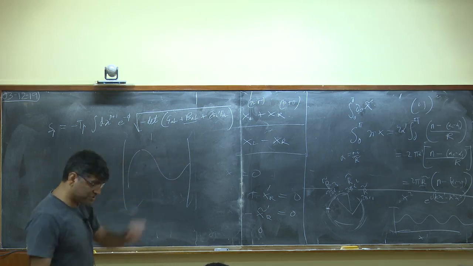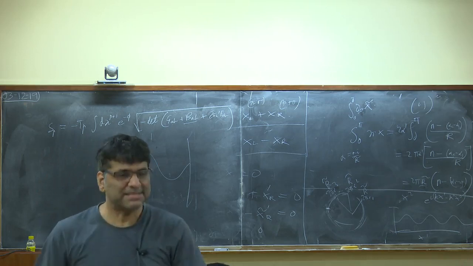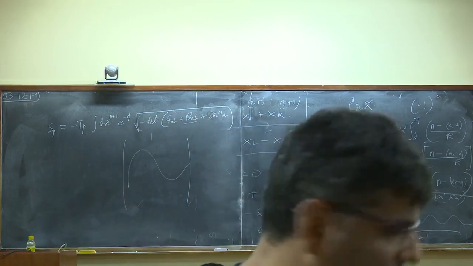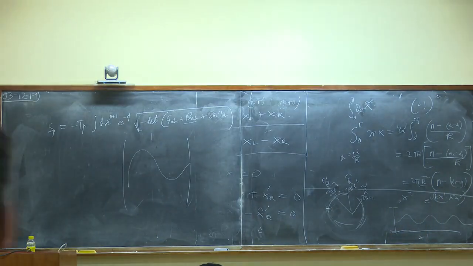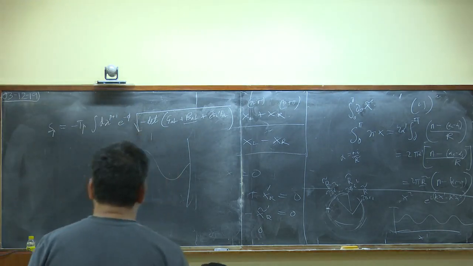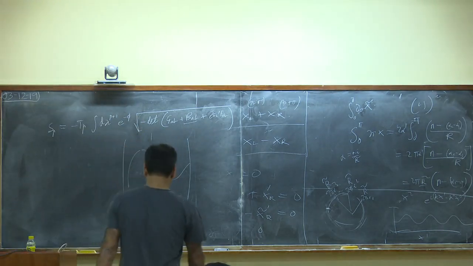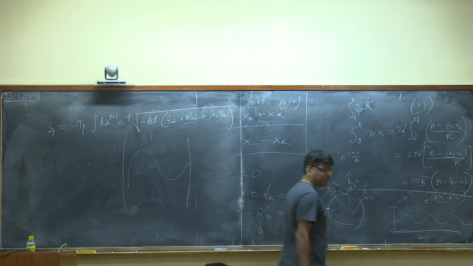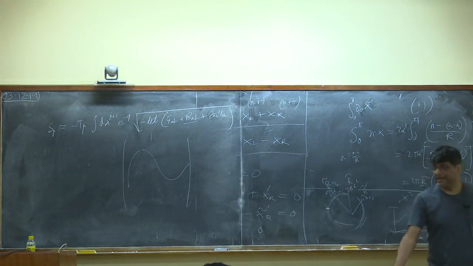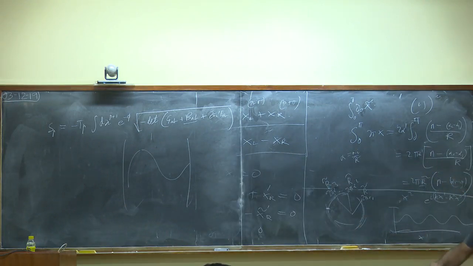The claim is that this action, plus corrections, and I'll tell you what controls the corrections, controls the low energy effective action of a single D-brane. As Upmanyu said, this action has a name. It's called the Born-Infeld action, and this is a very useful object. Now, all the elements of this action I want to explain to you. The only question is whether we should do it this class or next.